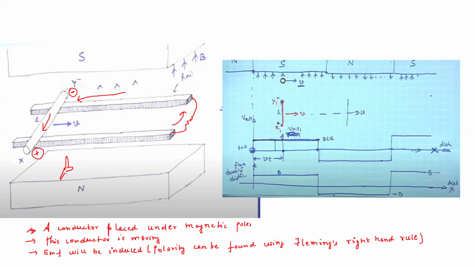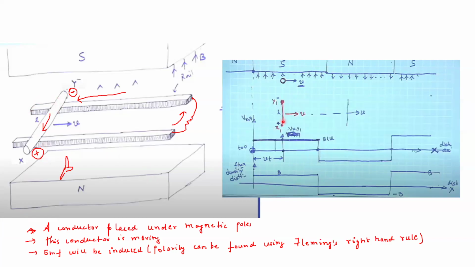Now if you look at this picture on the right hand side, we have continuous magnets, like south pole, then north pole, then south pole, north pole, and this is the top view of this conductor.